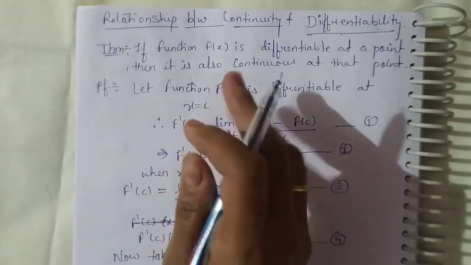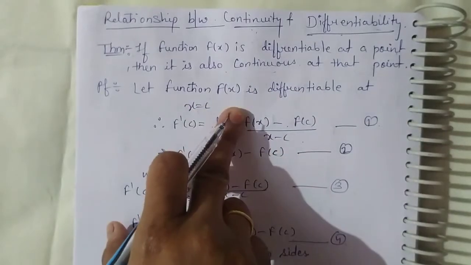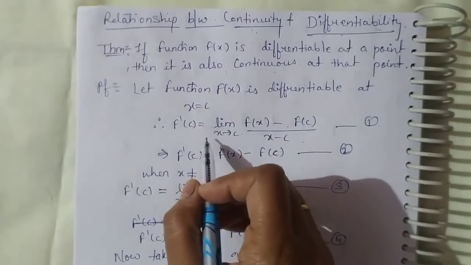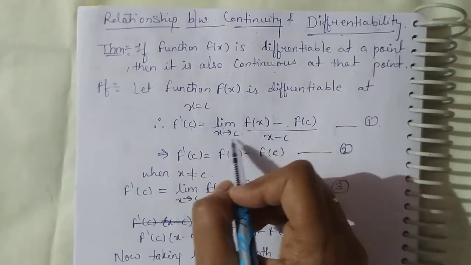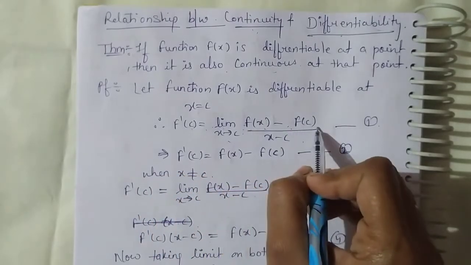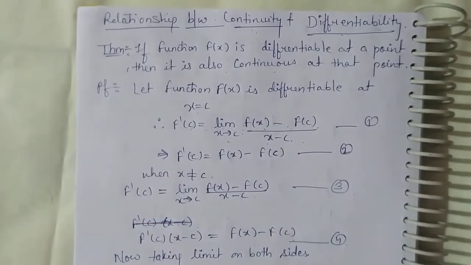Let us consider f of x be a function and is differentiable at x equals c. Then by using first principle of differentiation, f dash of c is equal to limit x tends to c of f of x minus f of c upon x minus c. Take this as equation first.